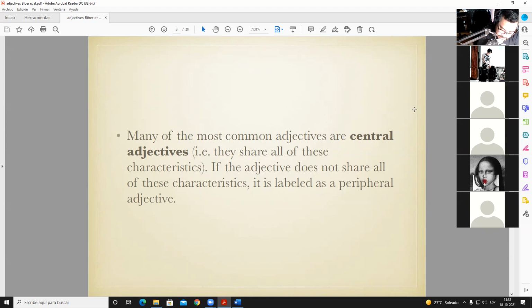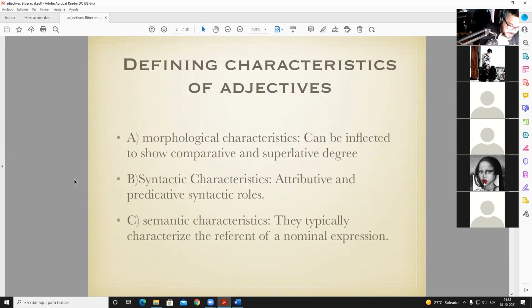Central adjectives can be characterized by containing all the three different characteristics, which are the capacity for morphological change, letter A. B, they can be attributive and predicative. And C, they can characterize a referent.